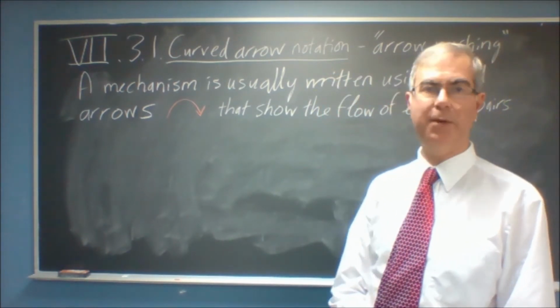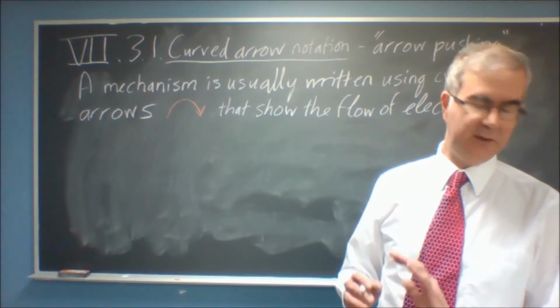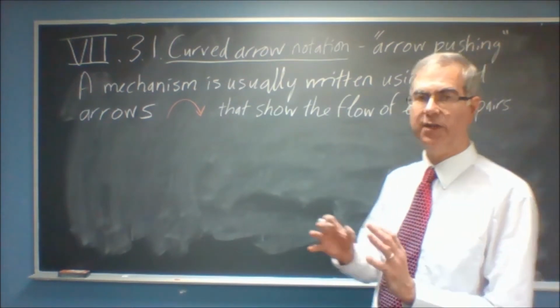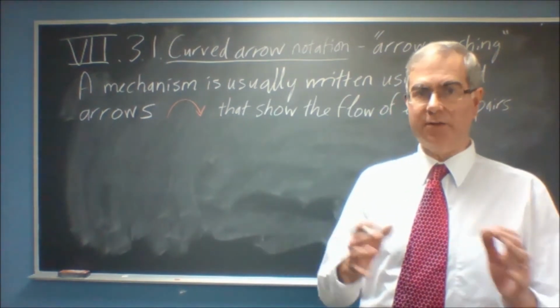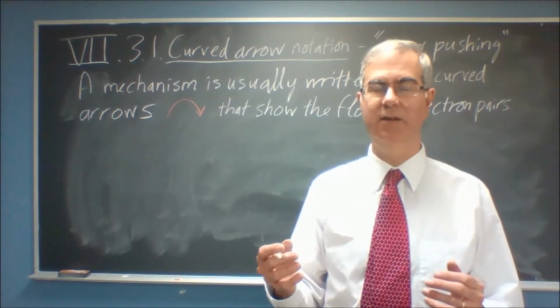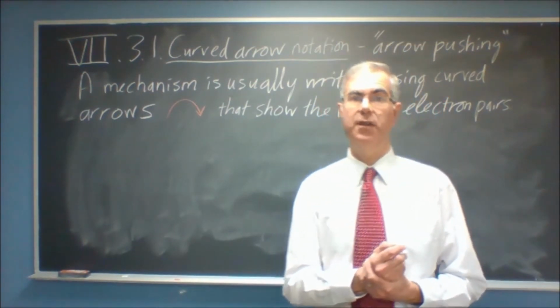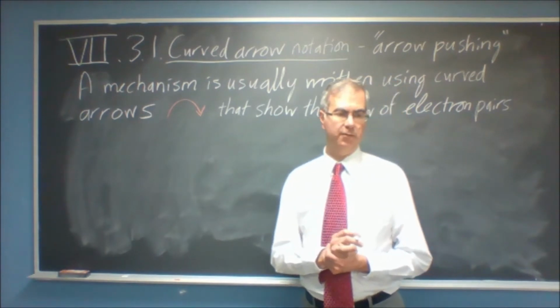Now this is a very powerful way, and you can use it to see if a mechanism makes sense, because if the arrows are going the wrong way, if you have arrows going towards an electron-rich center, then your mechanisms are probably flawed.